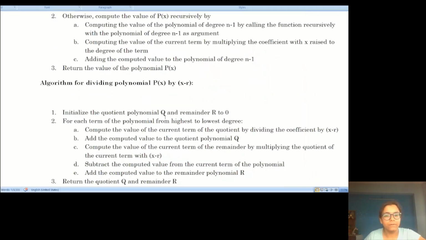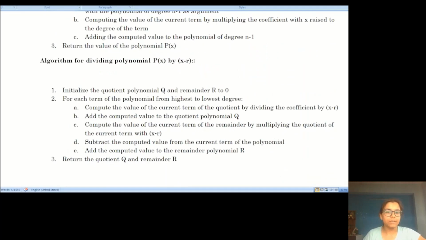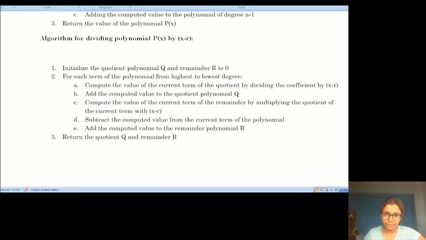Now on to dividing the polynomial by x minus r. For this we have a question polynomial. Obviously, when we divide a number we have a quotient and a remainder, that is r, and both the variables should be initialized to 0.